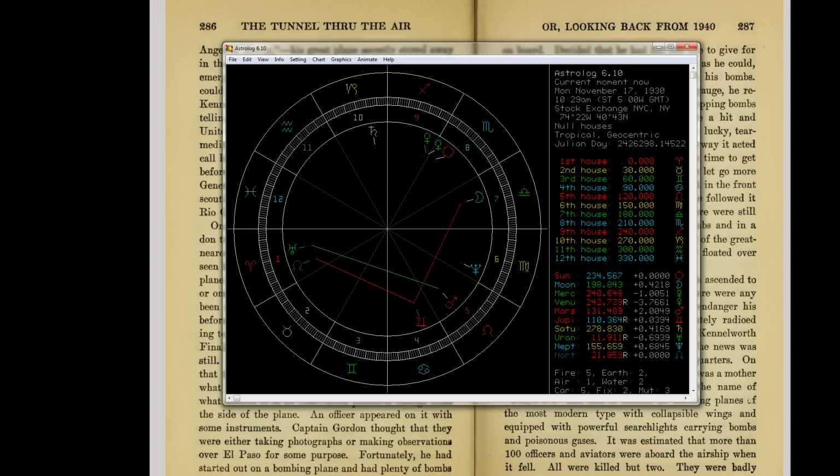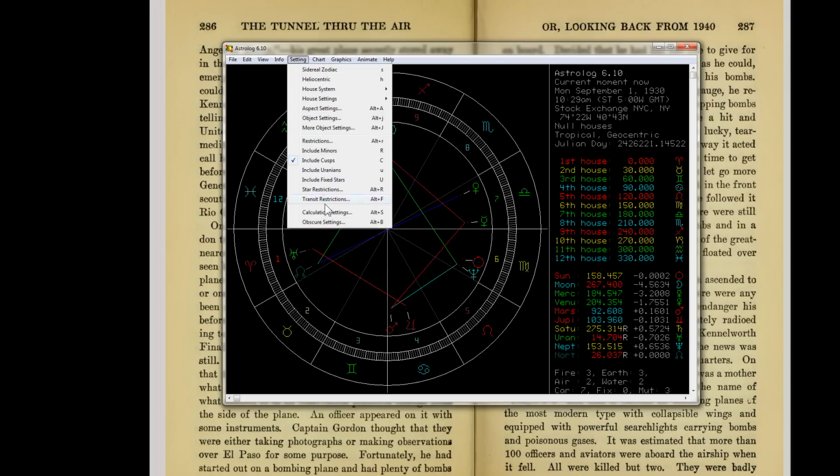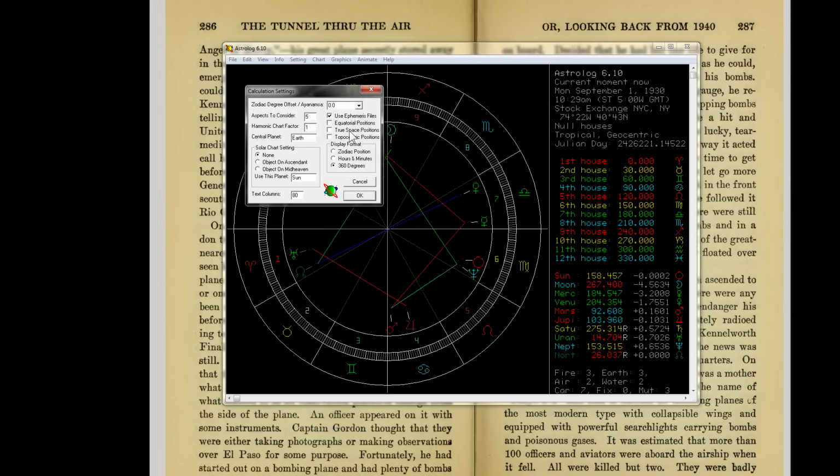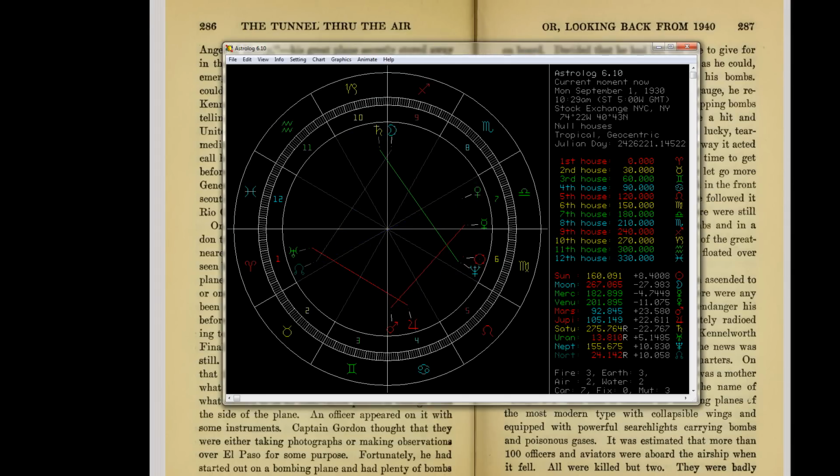As I go forward in time, Jupiter's latitude is just going up. It's increasing. Even before that part, anything after August 3rd, which is the date we're given in the story, Jupiter's latitude is just increasing. So we actually have to change the calculation settings to the equatorial position so that our coordinate system shows us declination.